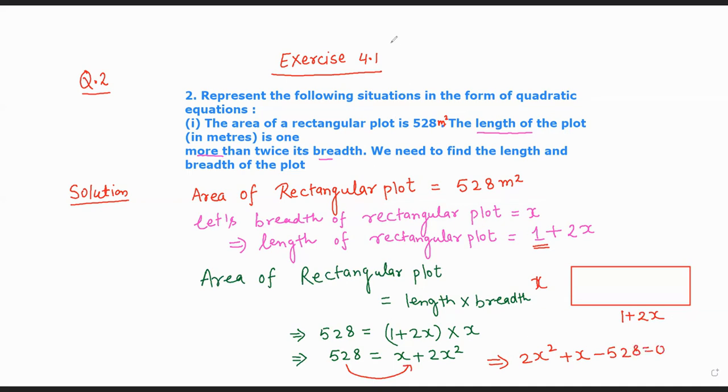Now we have found the quadratic equation asked in the question: 2x square plus x minus 528 equal to 0. This is the answer to the given question. Since this is a quadratic equation, in our standard form A is 2, B is 1, and C is minus 528.